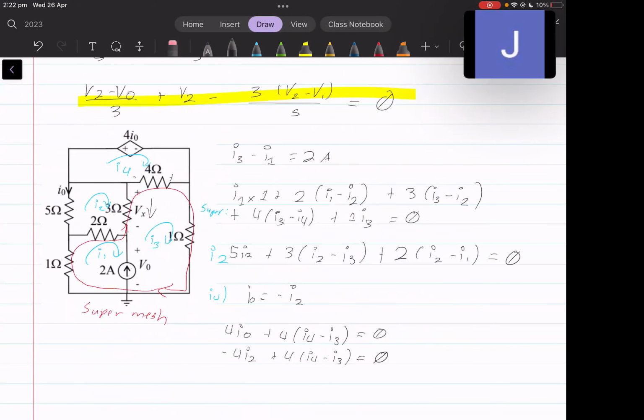So then we again have here, instead of having 3 equations at the moment, we've got 4 because of the super mesh. So we would have to find one of these and just simplify it down to get 1, and then we can solve it normally.